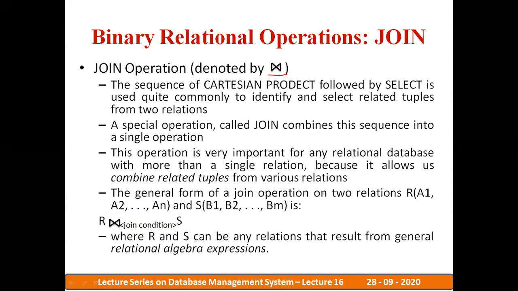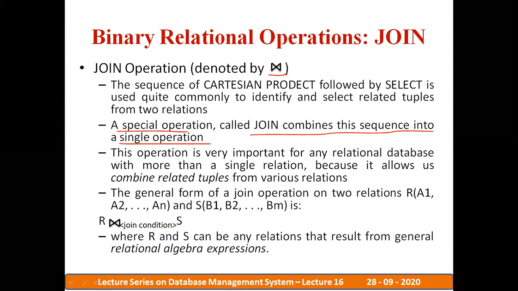So instead of performing the Cartesian product and then the select operation, we are going to use a special operation called the join, which combines the sequence into a single operation. What operations does it combine? Join combines the Cartesian product plus the select operation into a single operation called the join operation.